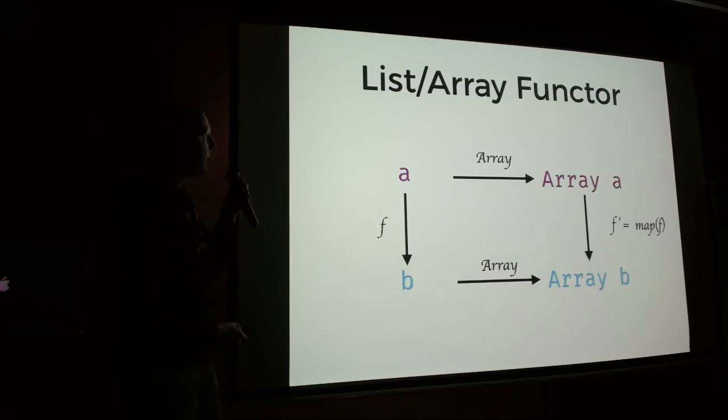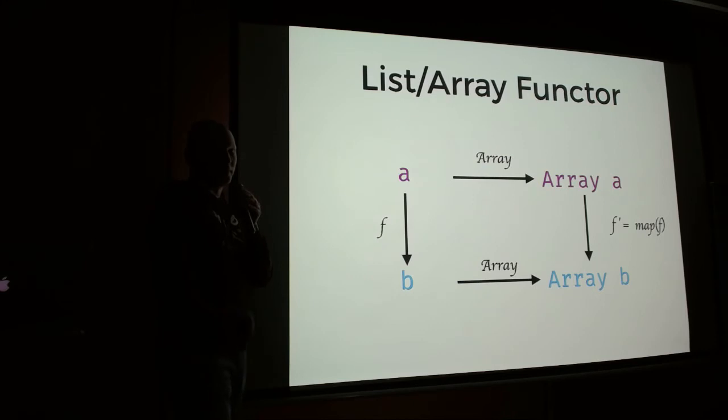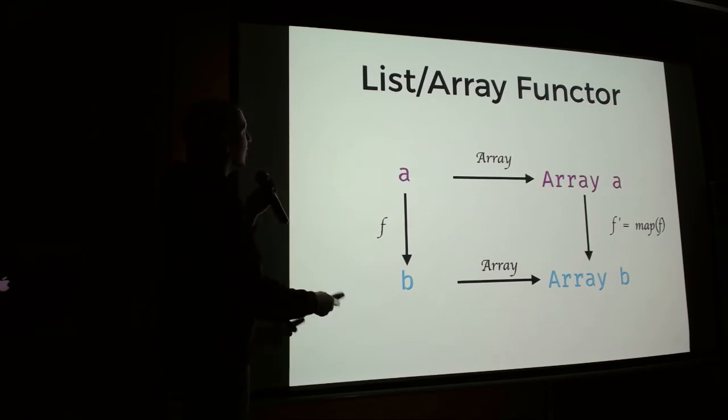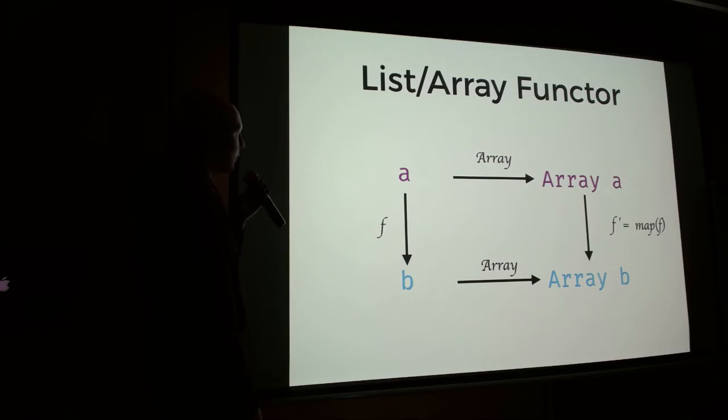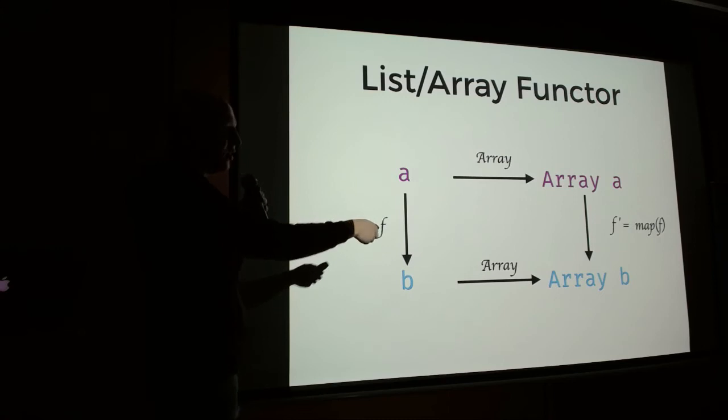Let me show you another example of a functor. It's a very well-known functor. You used its map function times and times again. It's a list or array functor. And you can see that the diagram is exactly the same as for maybe.